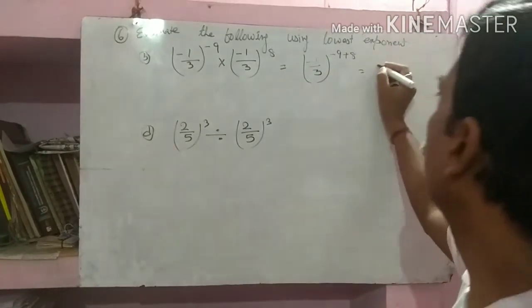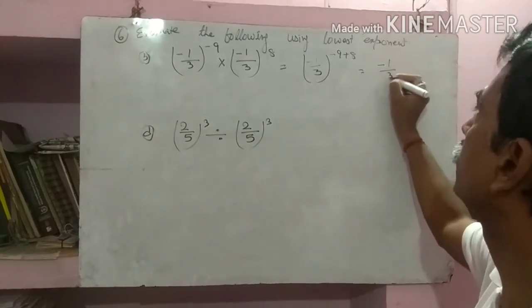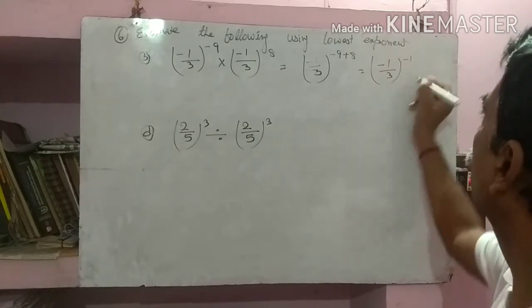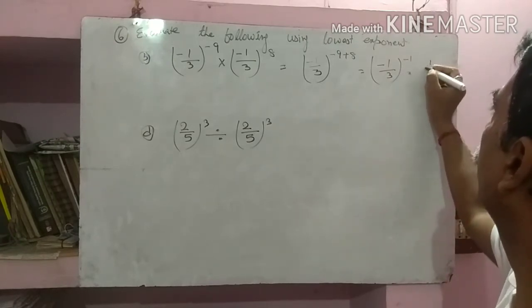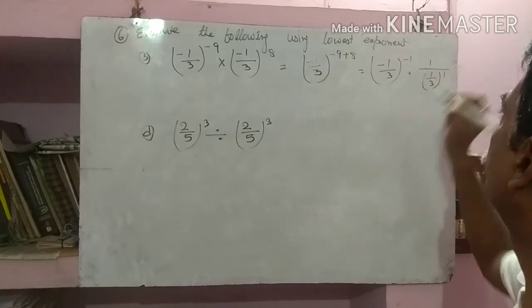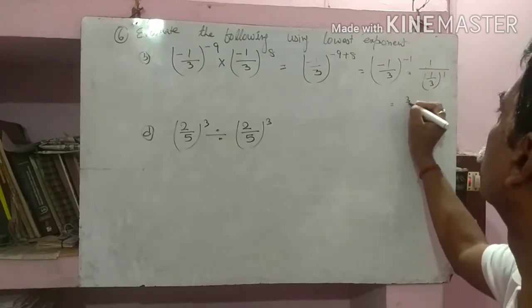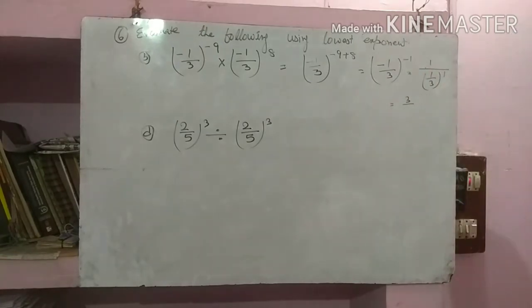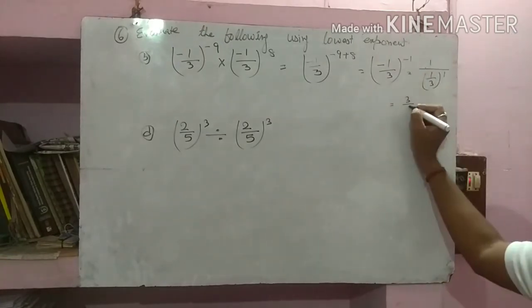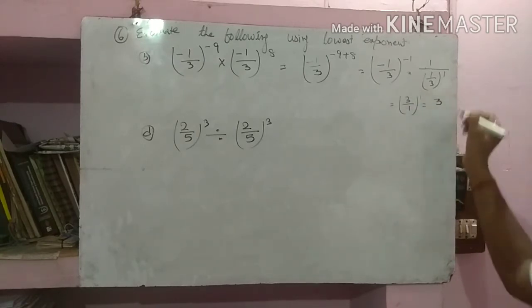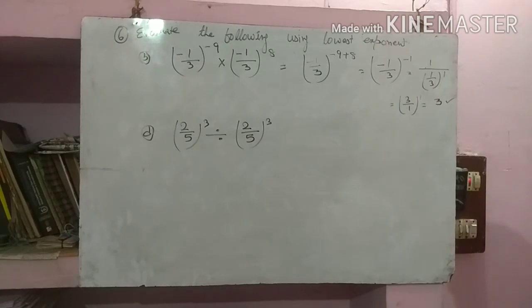So it becomes minus 1 by 3 raised to the power minus 1, or it's equal to 1 by 3 to the power 1, or 3, this is going to the numerator, so it becomes 3 by 1 to the power 1, or 3. The result will be 3.